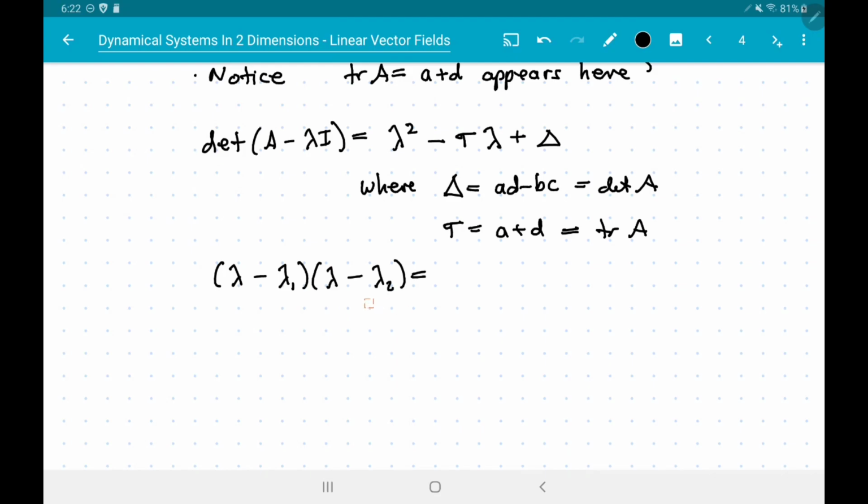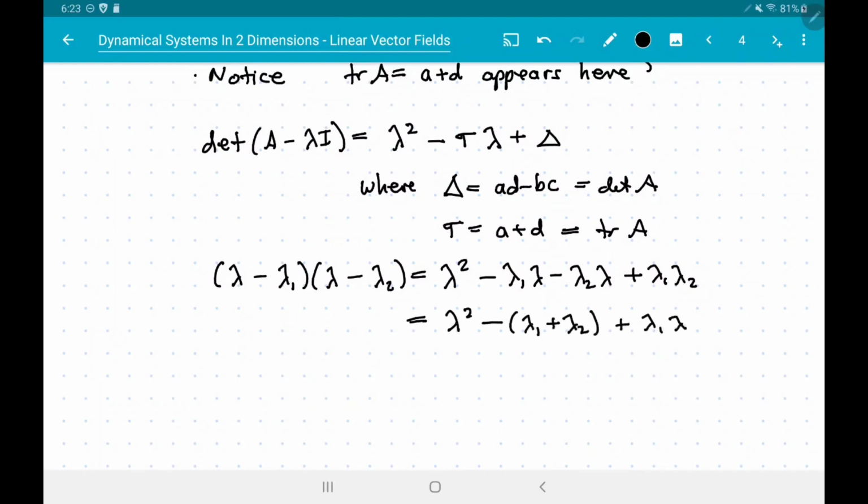And if you expand this out, you'll get lambda squared minus lambda 1 lambda minus lambda 2 lambda plus lambda 1 lambda 2. And if I combine like terms, oops, I left out my variable there.